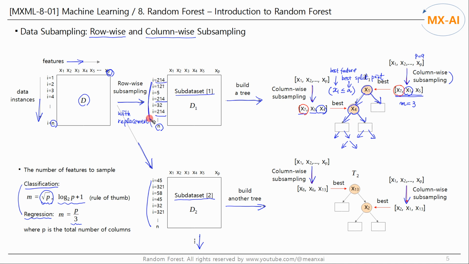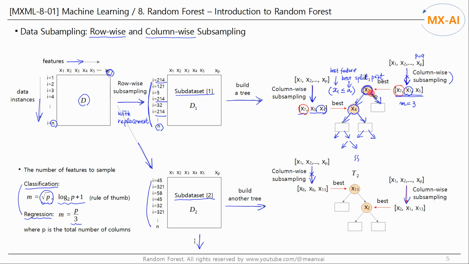If we do not perform row sampling, then every tree would be trained on the same dataset. As a result, the trees would become highly similar, greatly reducing the effectiveness of the ensemble. Feature sampling further reduces the correlation between trees. Without feature sampling, many trees would repeatedly select the same important features.